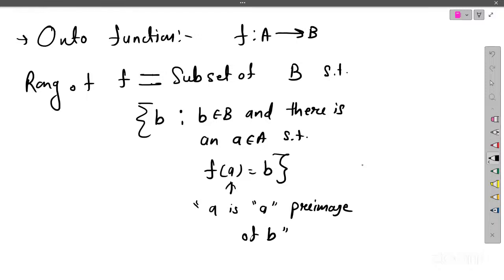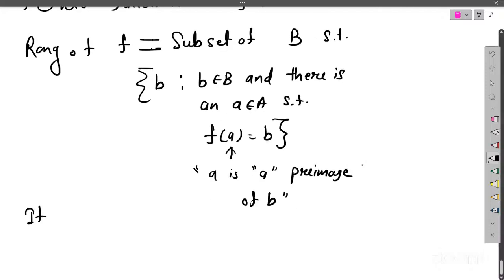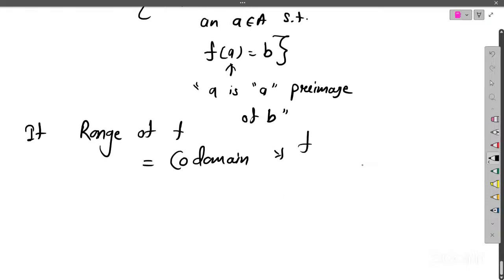So we have to collect all those elements from the codomain which have some pre-images. Image is output and pre-image is input. This is your range set. If the range of f is the same as the codomain, then we say that f is an onto function.